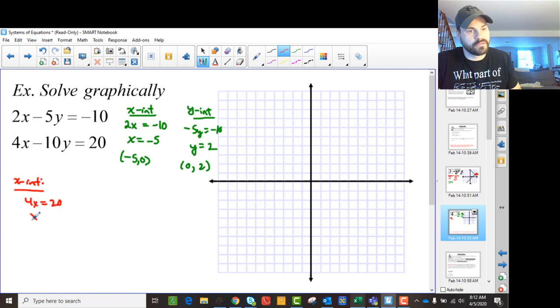So that means x is 5. So my x-intercept is (5, 0). And then my y-intercept is going to be minus 10y is equal to 20 because x is 0, so it just goes away. And so y becomes minus 2. So I have (0, -2).